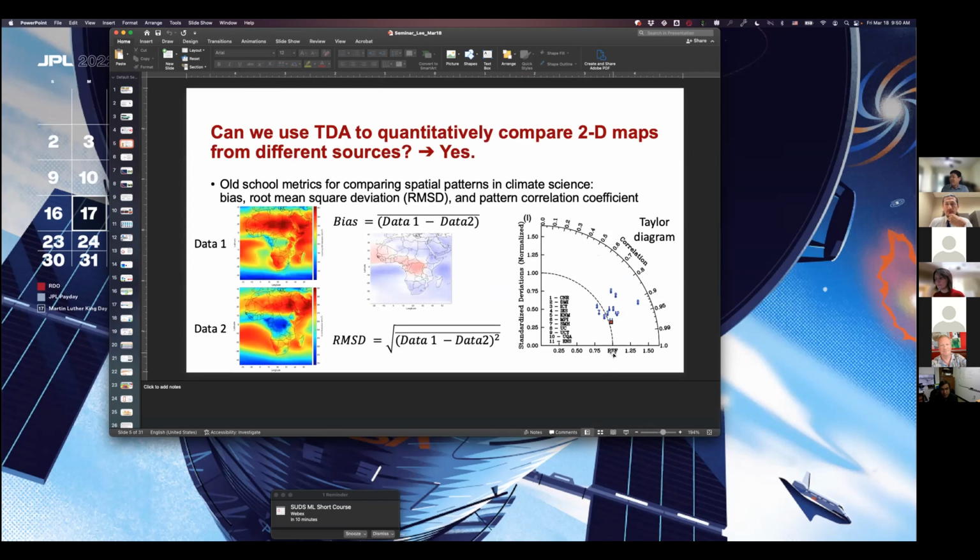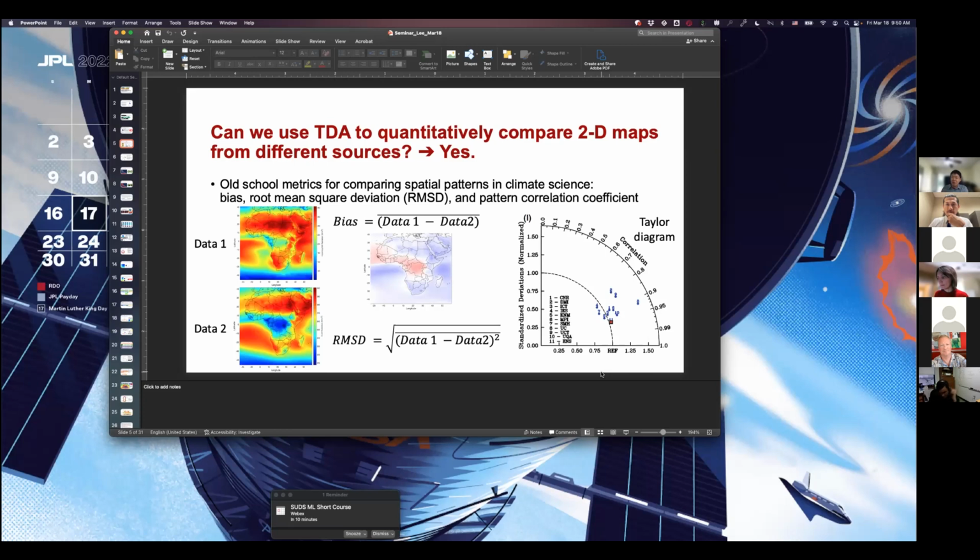But the Wasserstein distance is still a relative metric. A Wasserstein distance of 10 is smaller than one of 20, but the value itself is kind of meaningless.